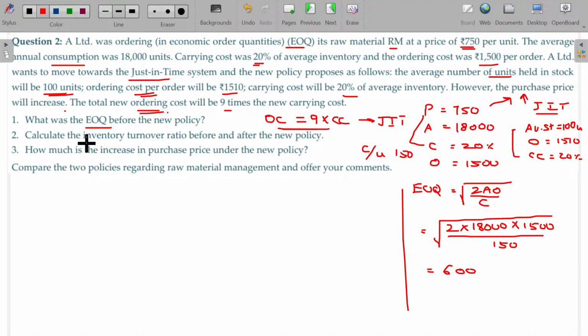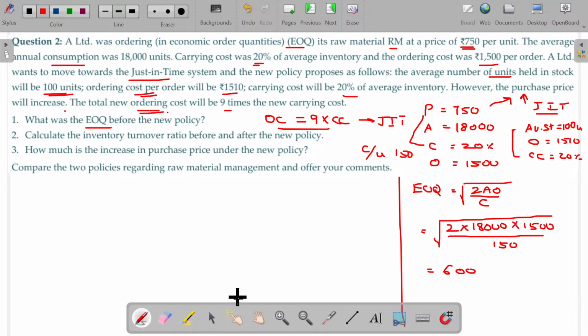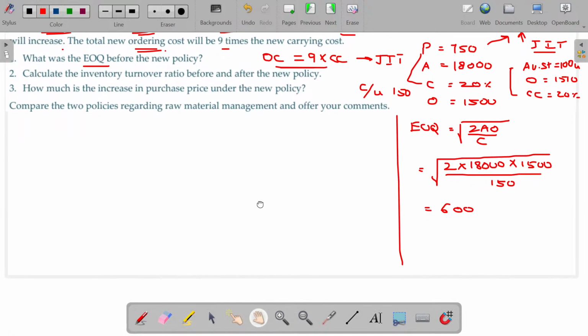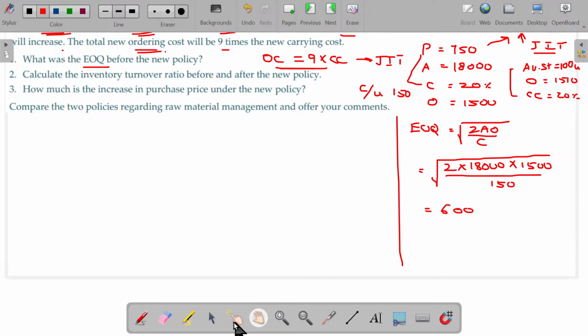Calculate the inventory turnover ratio before and after the new policy. So we can calculate the inventory turnover ratio now. How do you calculate it?